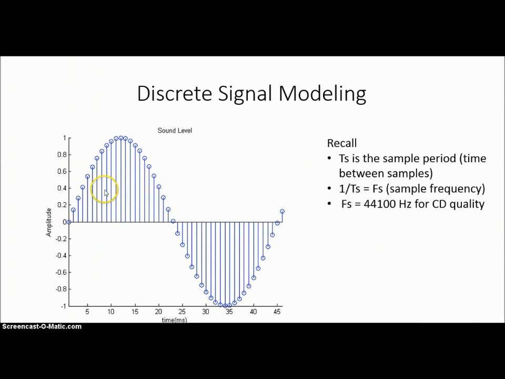And we said that the time that's in between each one of these samples here is what's called a sample period. Okay. And if we take that sample period and we invert it, then we get what's called a sampling frequency. And we said that the sampling frequency for CD quality music is actually about 44 kilohertz or 44,100 hertz. Okay, that's the value.